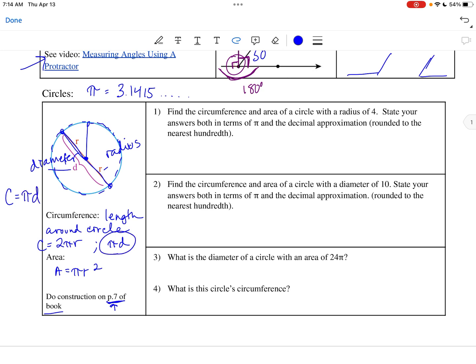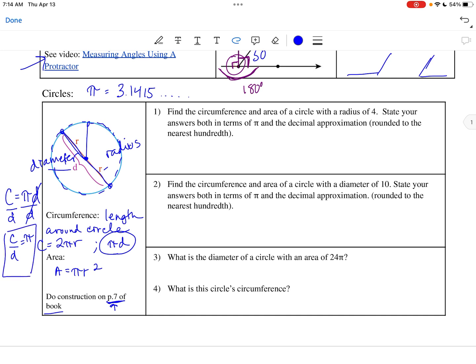We wrote that down here. If we isolate pi by itself, so we divide both sides by d, by diameter, that cancels, and then we see that the circumference divided by the diameter is what pi equals.